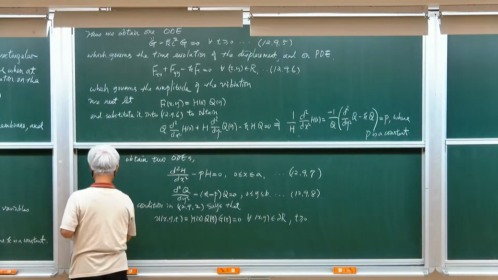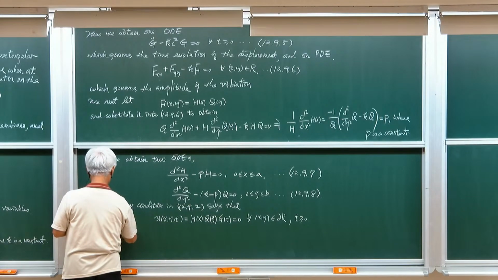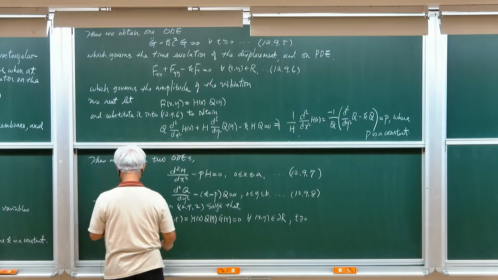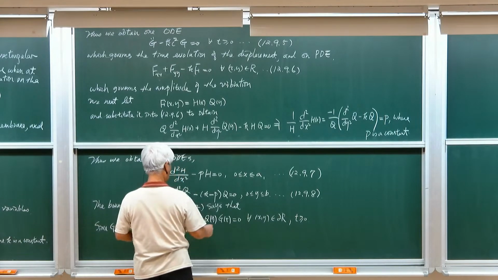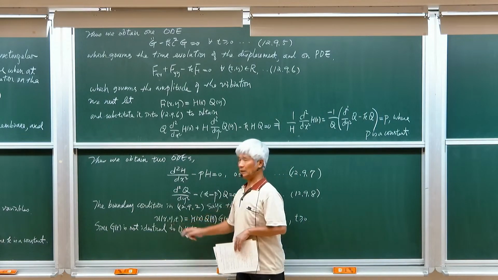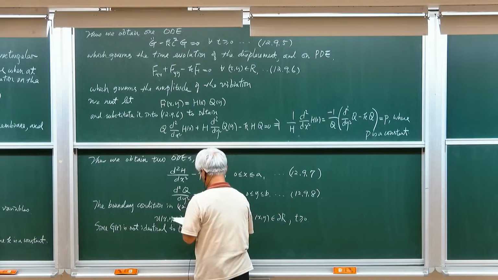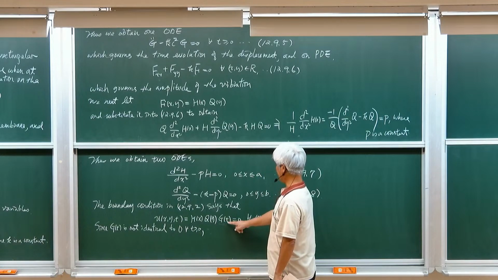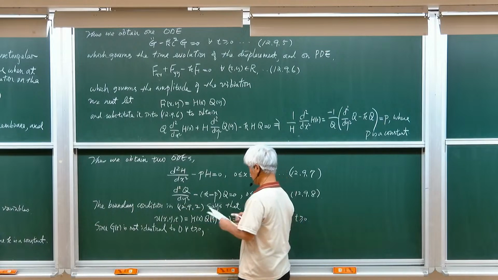Now, since g of t is not identical to 0, because if g of t were identical to 0, then we would have a trivial solution, which is not of interest. So g of t is non-zero, and so the product should be 0.